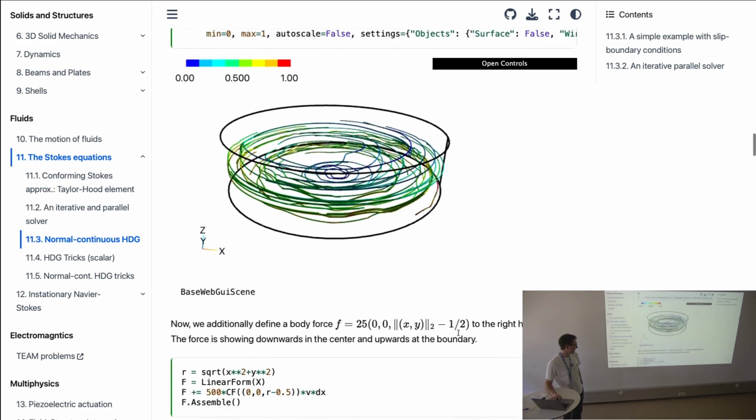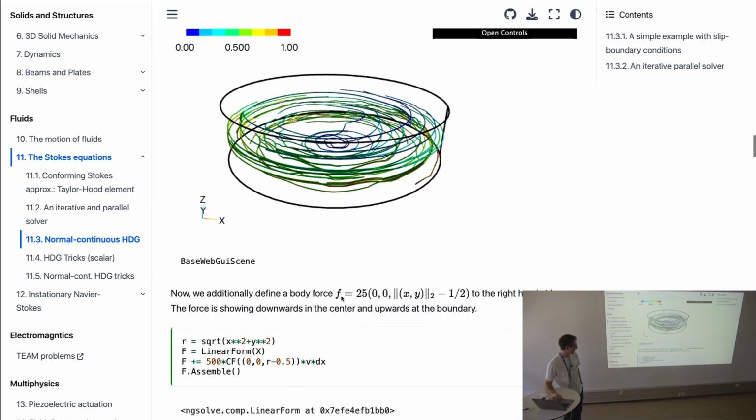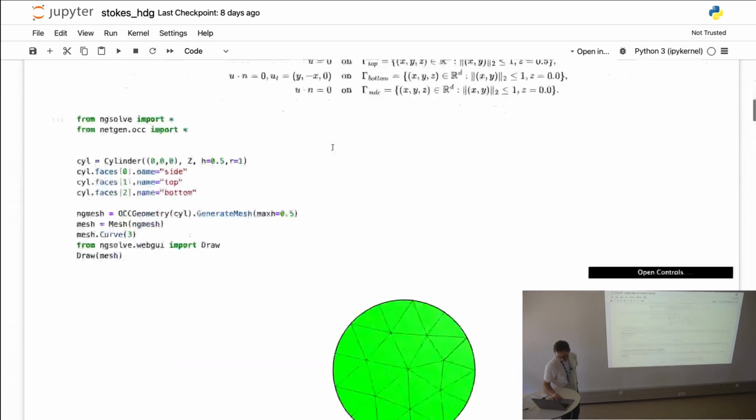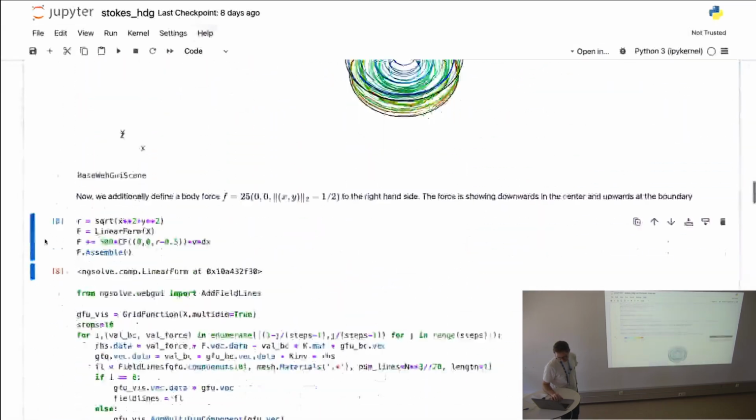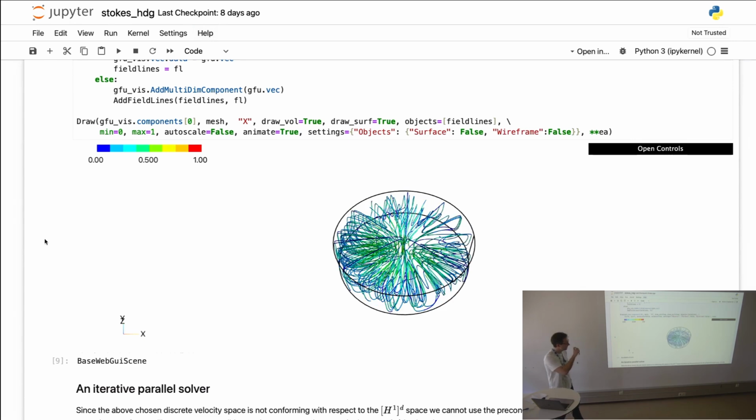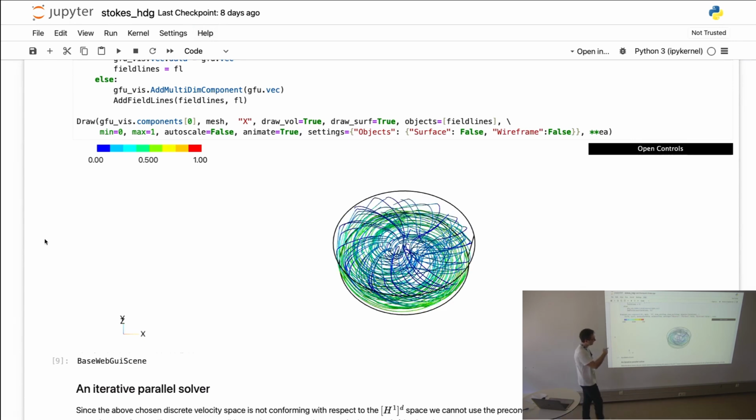Okay, now we want to add a right-hand side as well. So now we have this F, and you see that the force is pointing downwards in the center, and it points upward at the boundary. So we hope to see some kind of recirculation here. What we did is increase the strength of the force in each step.